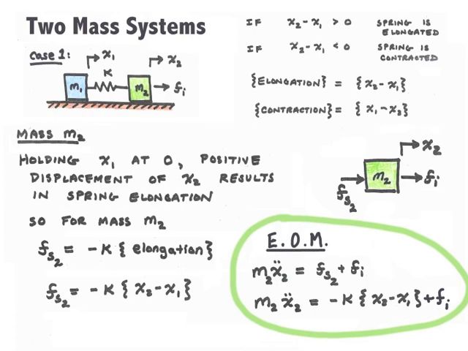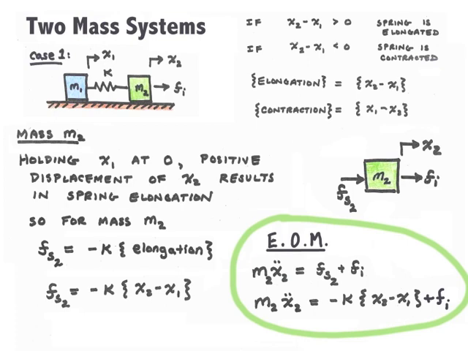In the thought experiment, I said that I was going to hold x1 constant and move x2 to the right. And in this case, the spring elongated. And under elongation, the spring will be pulling back on mass m2 to the left. So with elongation, I know Fs2 will be negative.